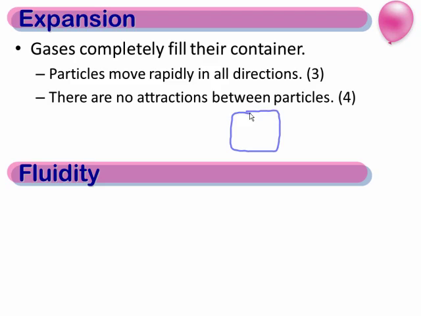So here's my container. This is my little valve that connects them. Here's all my little gas molecules. And when this valve is open, all these gas molecules would flow into the other container, and they would expand to fill that second container.